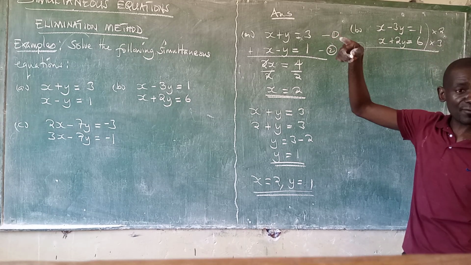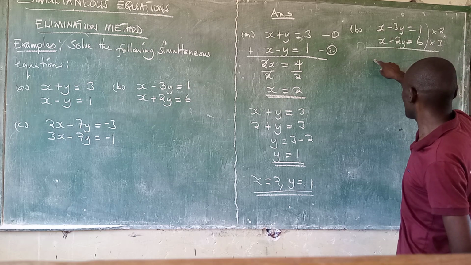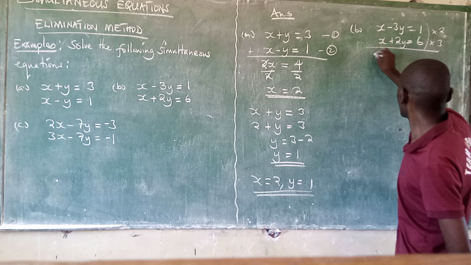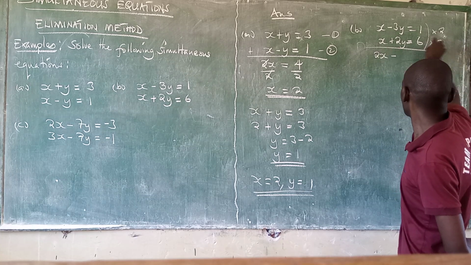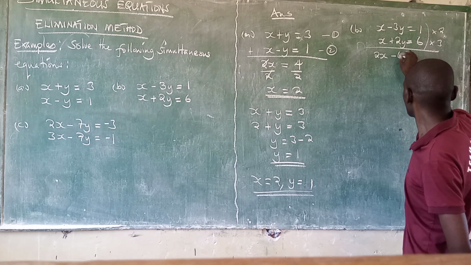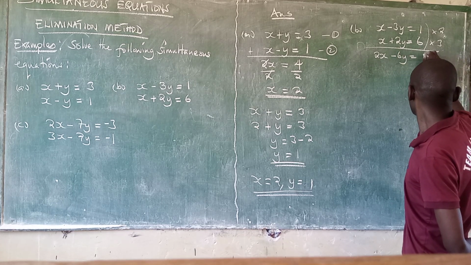So we multiply throughout the equation, meaning 2 times x, we come up with a new equation, which will be equation 3. So that will give us 2x minus 2 times 3y, that gives us 6y, is equal to 2 times 1 is 2.